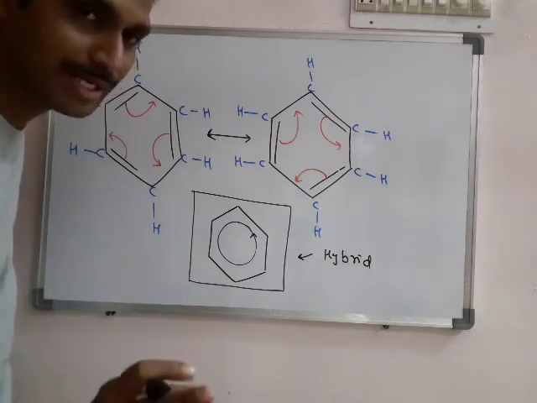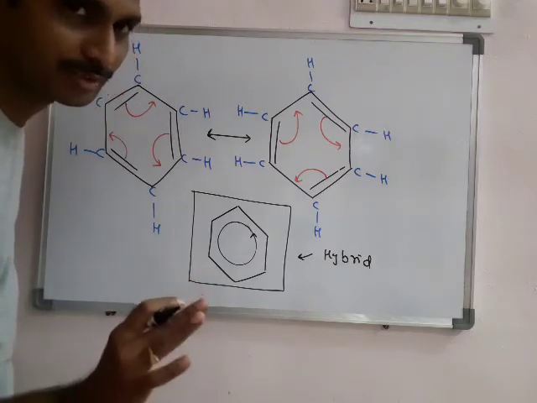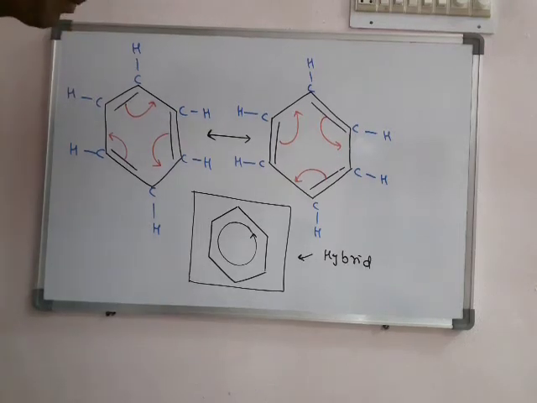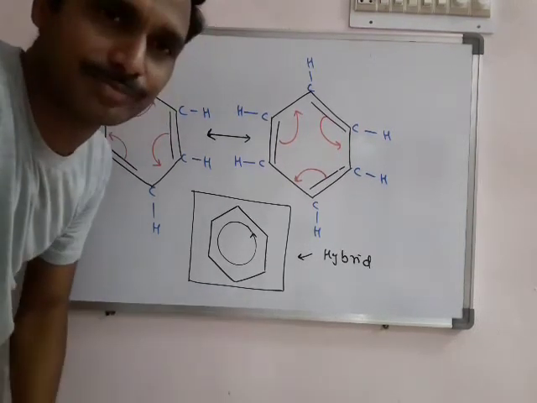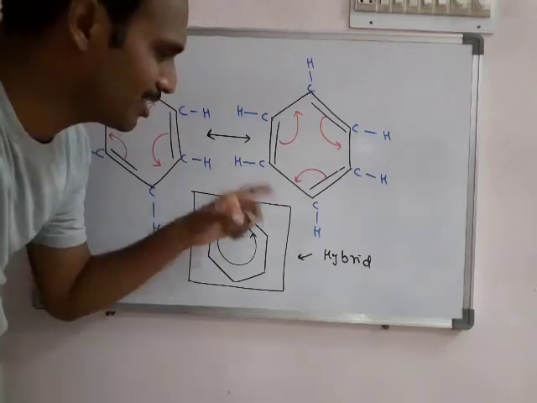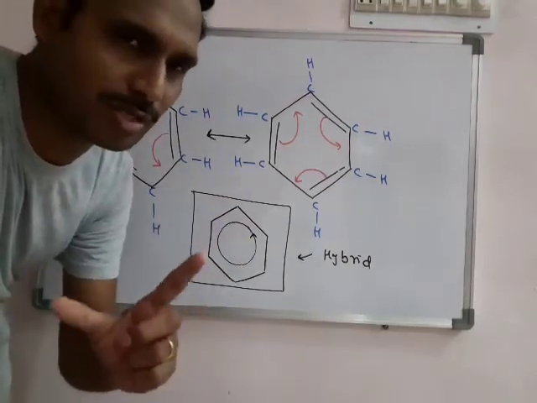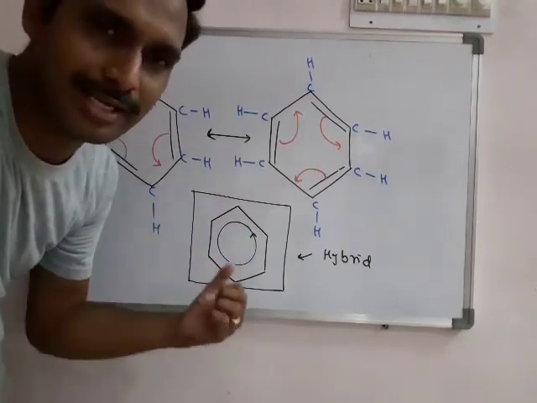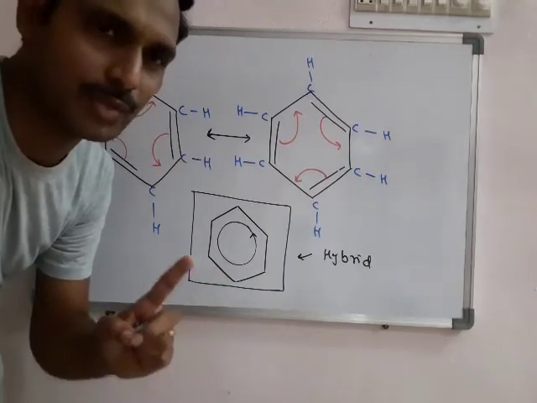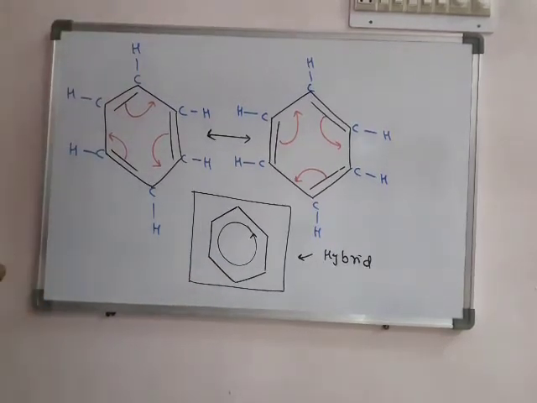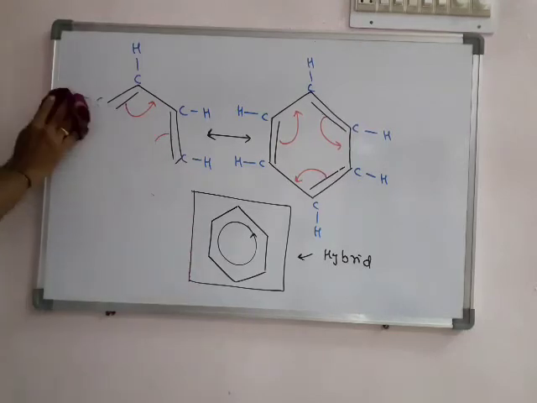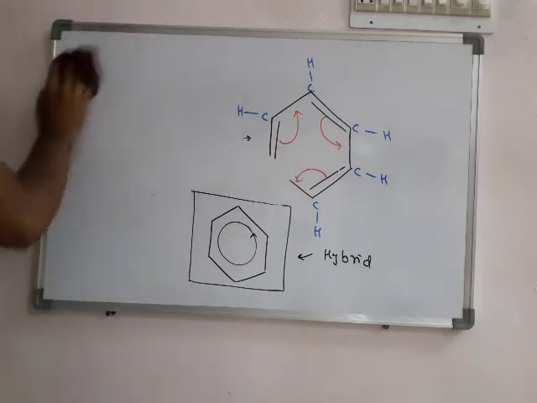Okay, hybrid resonance structure of benzene. Means here another topic is resonance hybrid. So resonance hybrid means the one final structure that represents all the resonating structures is called the resonance hybrid. Okay, so you need to draw these diagrams.